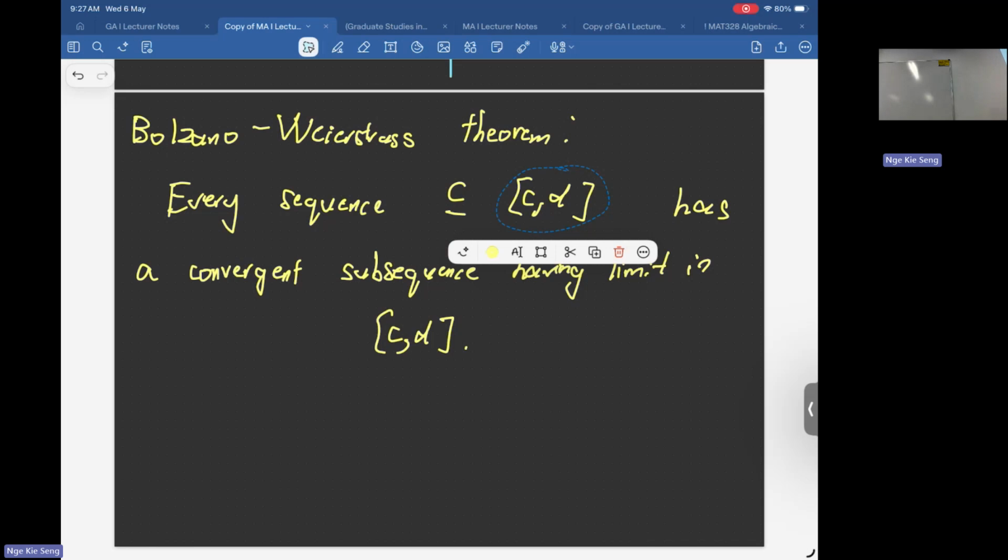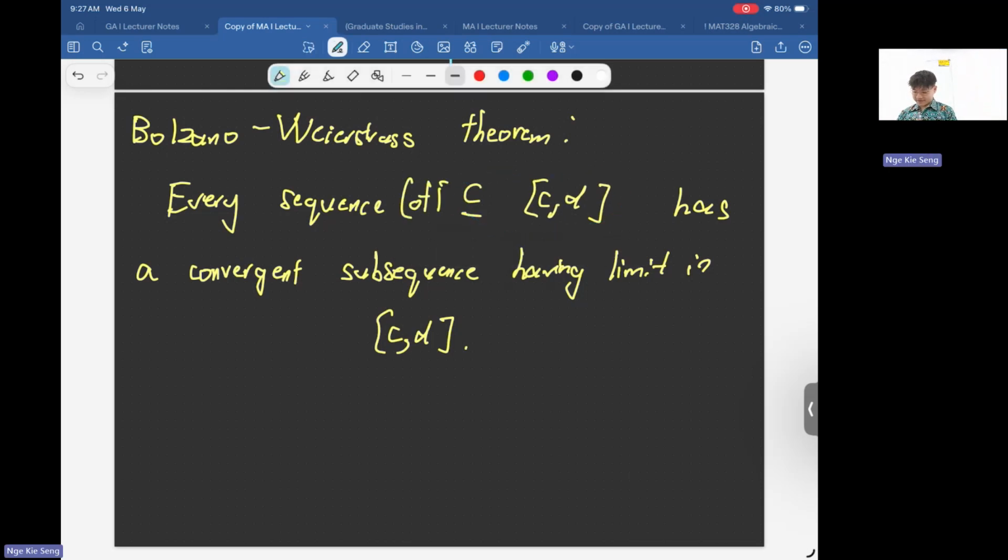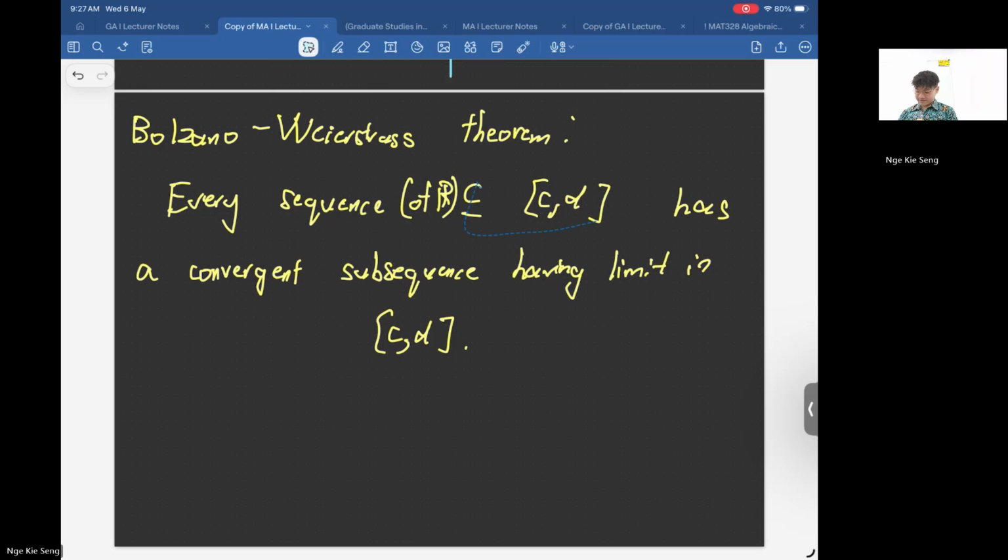But what I meant is this. How about like this? But for this class it doesn't matter, because the sequence always lives in the reals.